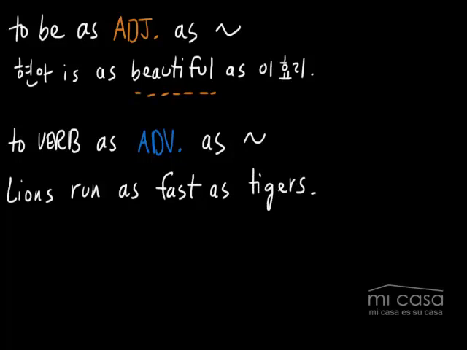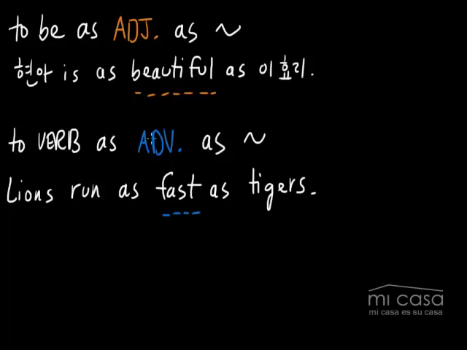Here we're talking about how lions and tigers are equal when it comes to running. Both run just as fast as each other. Which I think is true. I think lions and tigers run as fast as each other. So this is how you want to use it with an adverb.